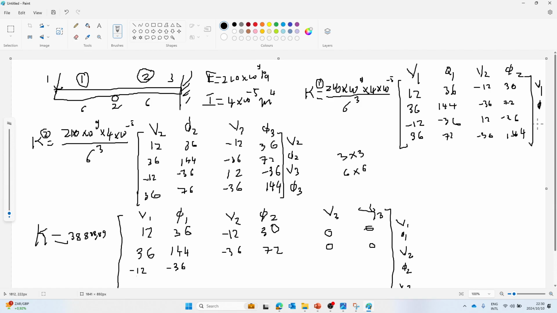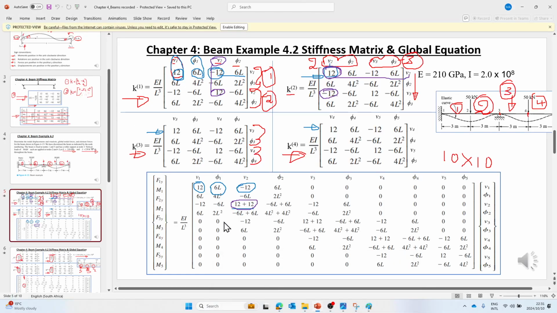Where else? We have V2, V2. Where else do we have V2, V2? We have V2, V2 also here. Guys, let me just double check something here.